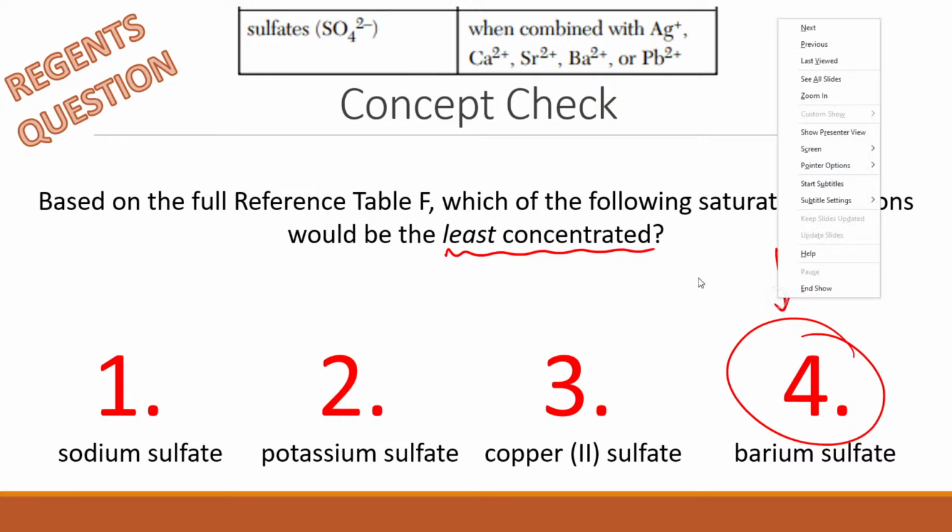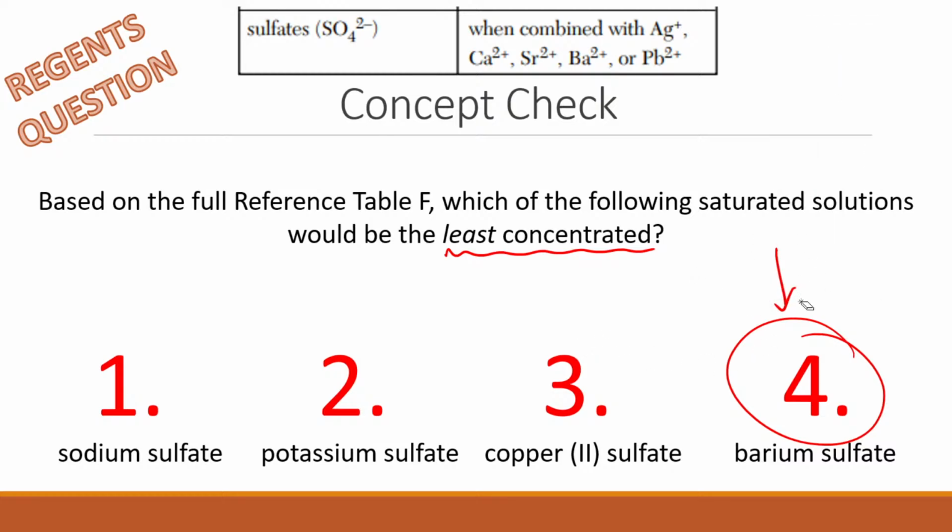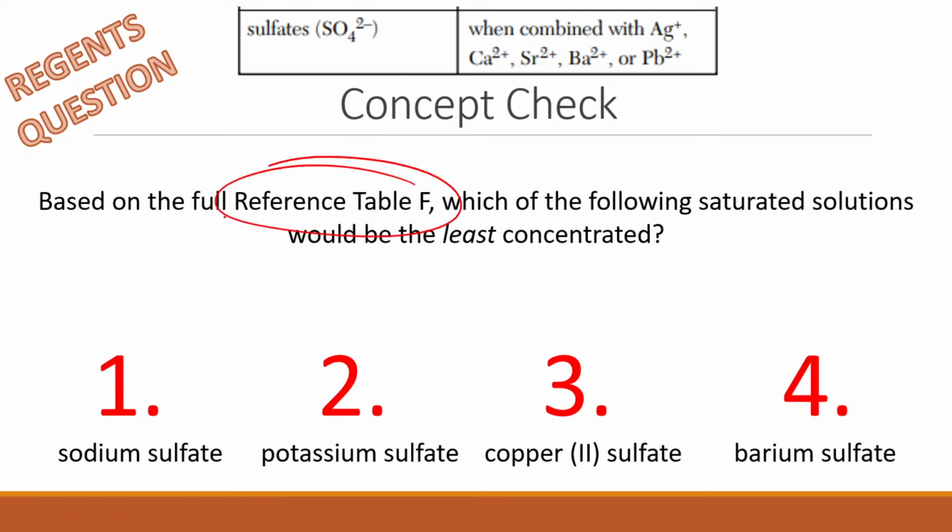Concentration itself is going to be a thing that we talk about near the end of this unit, but I pulled this question out specifically to show you that even if you don't truly understand the question, getting a piece of the reference table and knowing how to read the reference table gives you the answer here. Right? One of these things is not like the other based on reference table F, which they even tell you in the question.